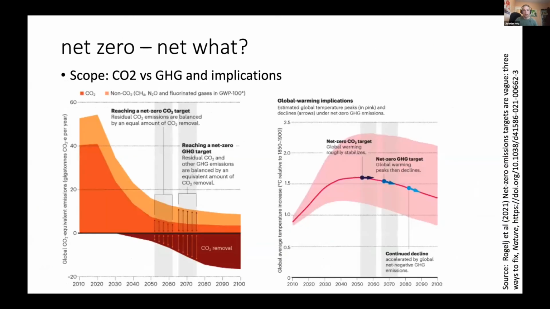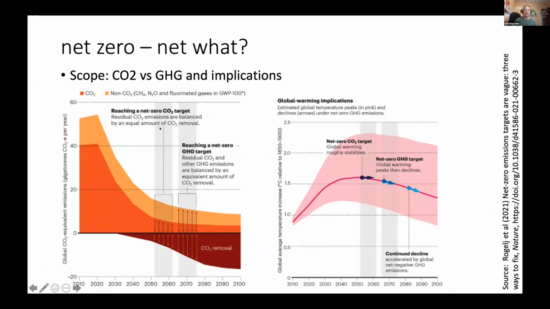I'll skip this. Now, when we talk about net zero, one important question is net zero of what? As I mentioned in the beginning, there's the question of just carbon dioxide removal versus greenhouse gas emissions.